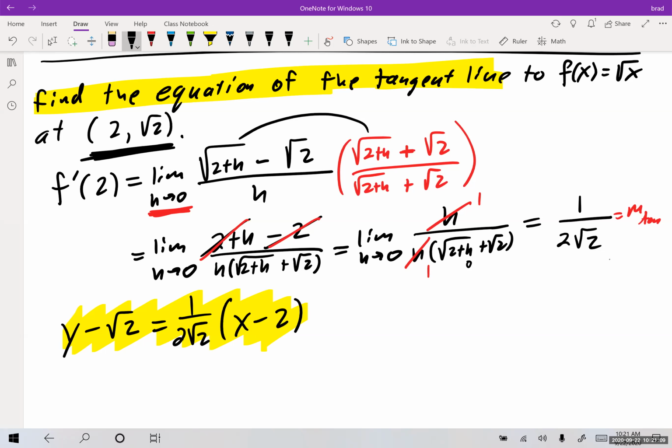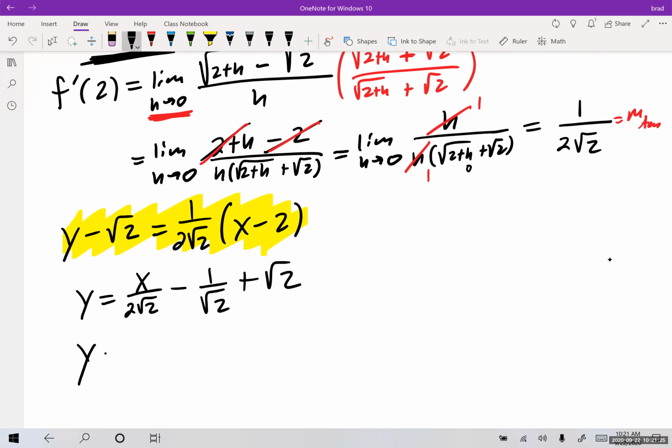However, if they ask you to put it in y equals mx plus b form, then you have to do y equals x over 2 square roots of 2 minus 1 over the square root of 2 plus the square root of 2. And then you'd have to clean this up. Maybe I should have written this better. 1 over 2 square roots of 2 times x. Let's see here. This needs a square root of 2, square root of 2. So if I clean this up, what would that become?